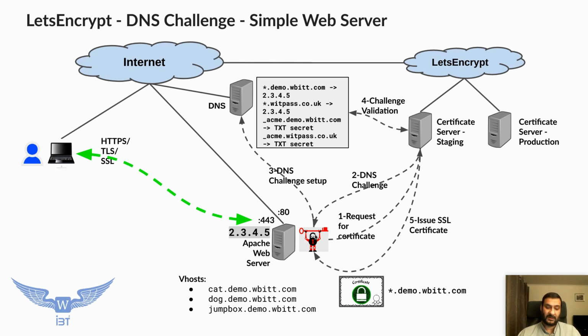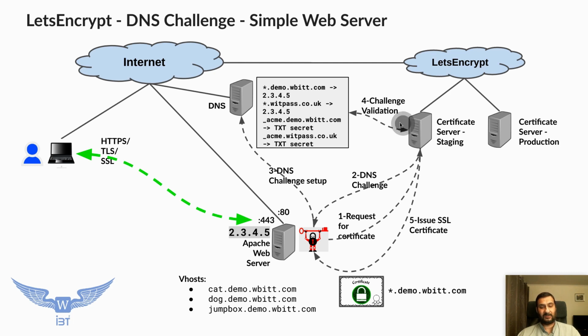So certbot goes in, writes this new entry in the DNS server, and I'll come to how it does that, and informs the certificate server that I have completed the challenge, please verify.